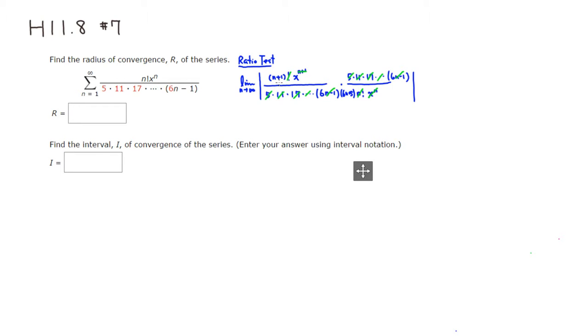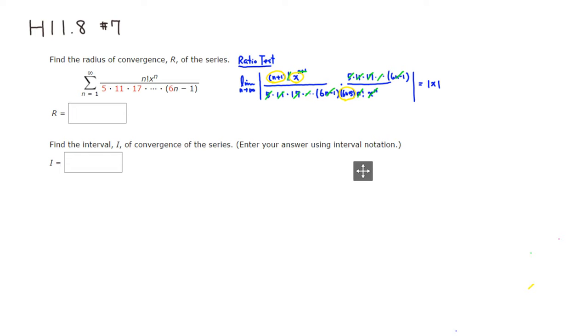What you get is the absolute value of x, which has nothing to do with n, and the only things left are n plus 1 and 6n plus 5.